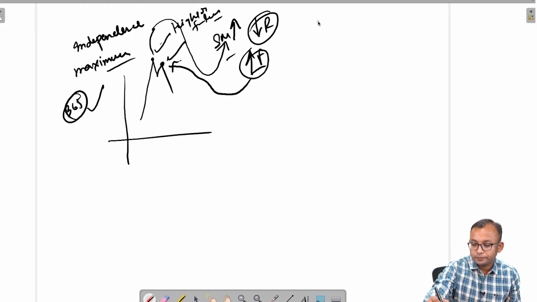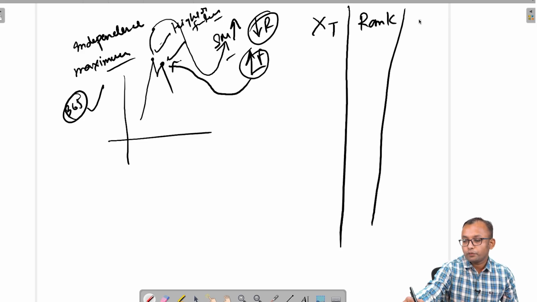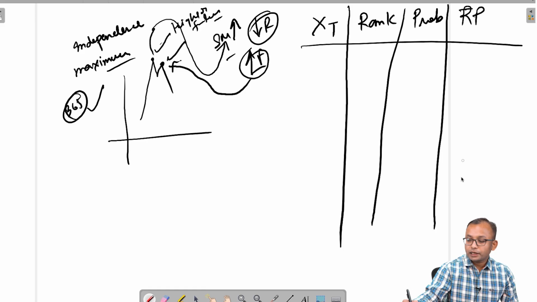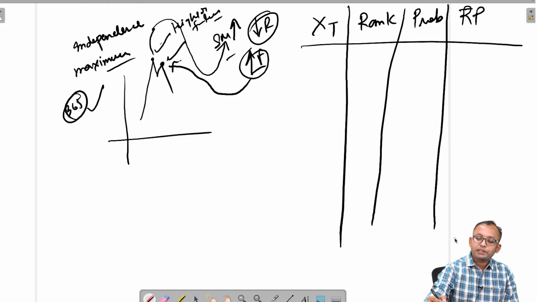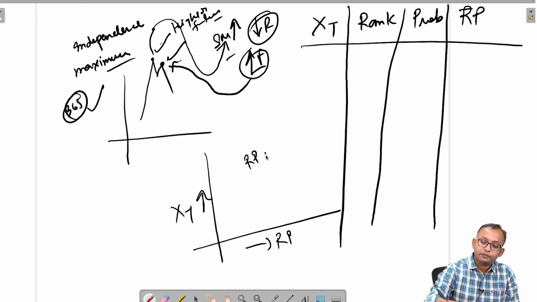Thus we have independent events, and we can make the data set xt. We can calculate the rank of the data, the probability of the data, and then the return period of the data set. Once it is done, we can make a plot relating the extreme value and return period, and calculate return periods and magnitudes.